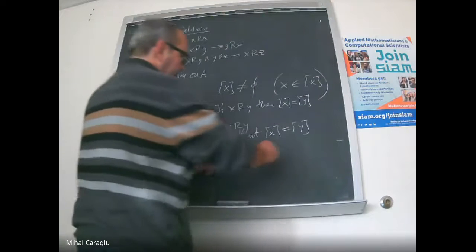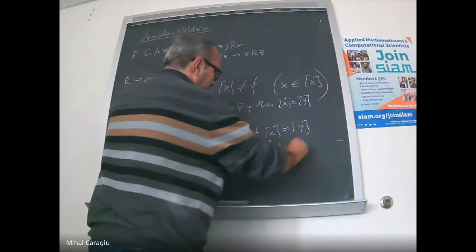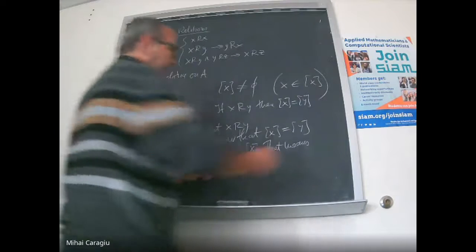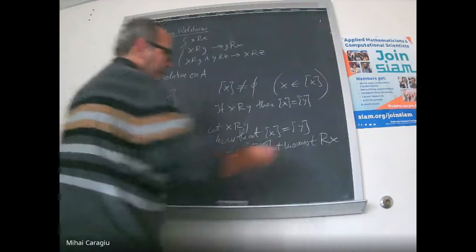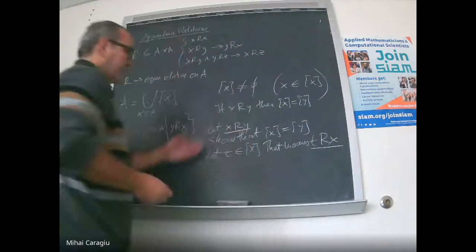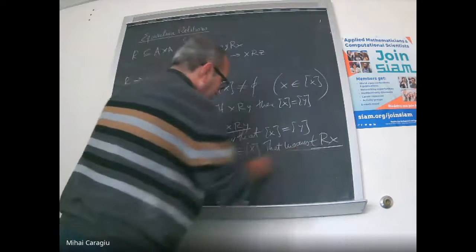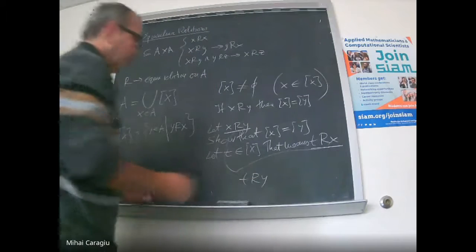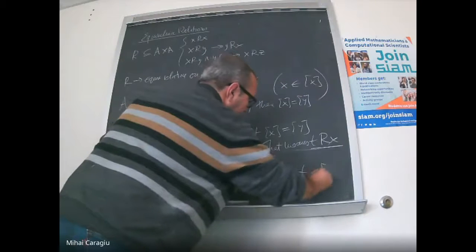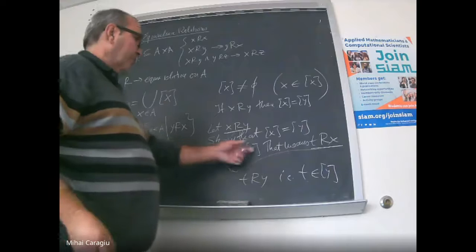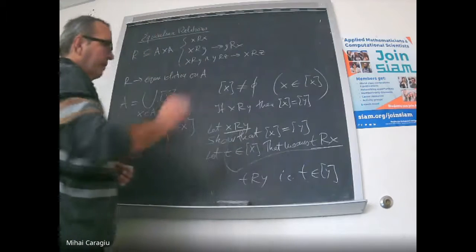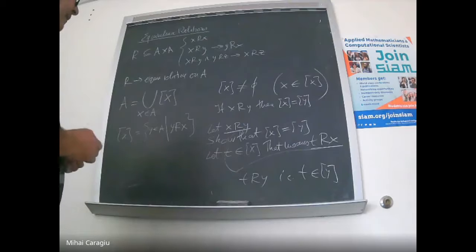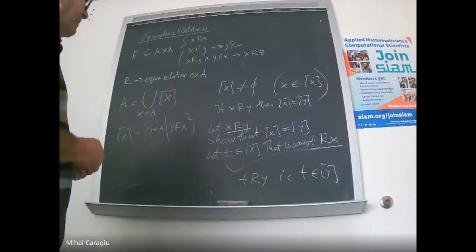That means T is related to X, because that's the definition of the block of X, all elements related to X. So T R X. But from T R X and X R Y, because we started with X R Y, from these two we get T R Y, i.e. T belongs to the block of Y. So we started with T belonging to the block of X and proved that T belongs to the block of Y. And because the situation is logically symmetrical, we show that the block of X is the same as the block of Y, given that X is related to Y. What happens if they are not related?